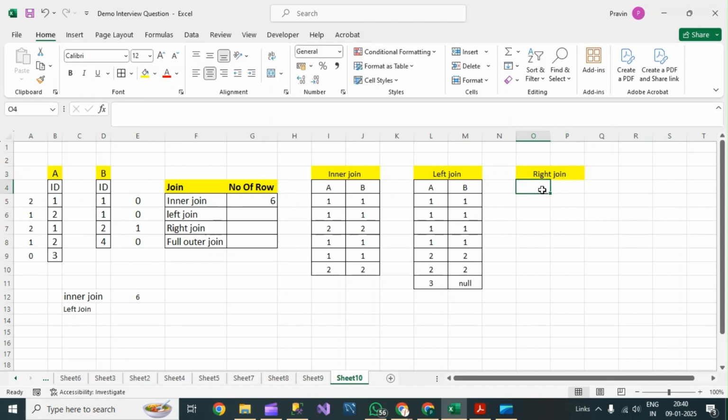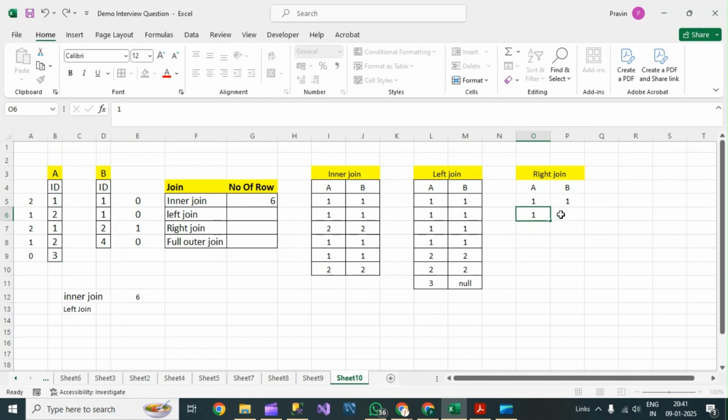For the right join, we take all the elements from the right side table and the matching elements from both tables, a and b. Basically, how it works is that this one matches with this one, and this one matches with this one. First of all, it will start from b, one, one like this.